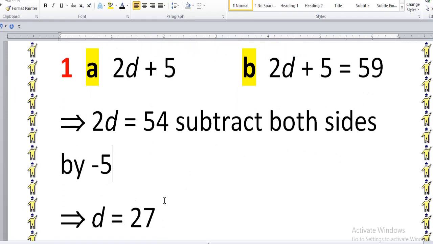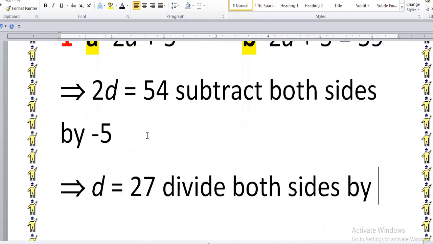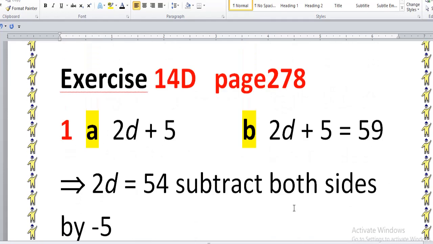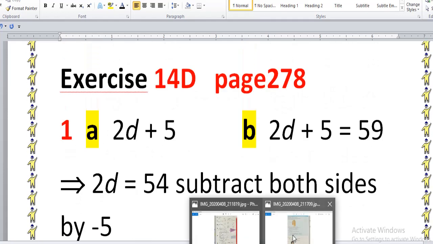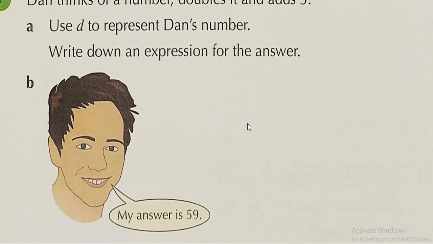We divide both sides by, what is the number? By 2. Because this is the coefficient, we need to divide by 2 to isolate the variable. Okay, and that's it, and that's the answer for this particular example from the book. I hope you understood it.